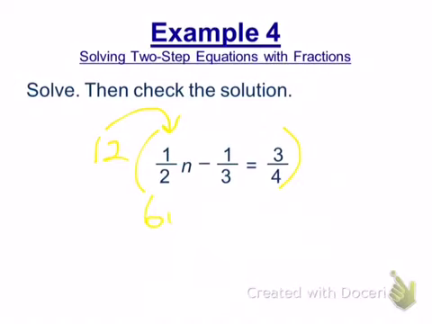What's 12 times negative 1/3? Negative 4. 12 times 3/4? 9. Now we have an equation that we can solve by observation. 13 over 6 is going to be the solution.